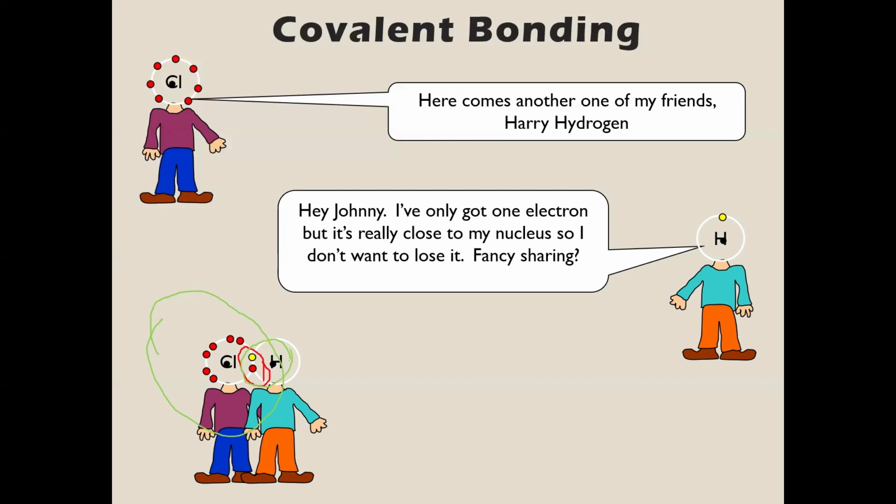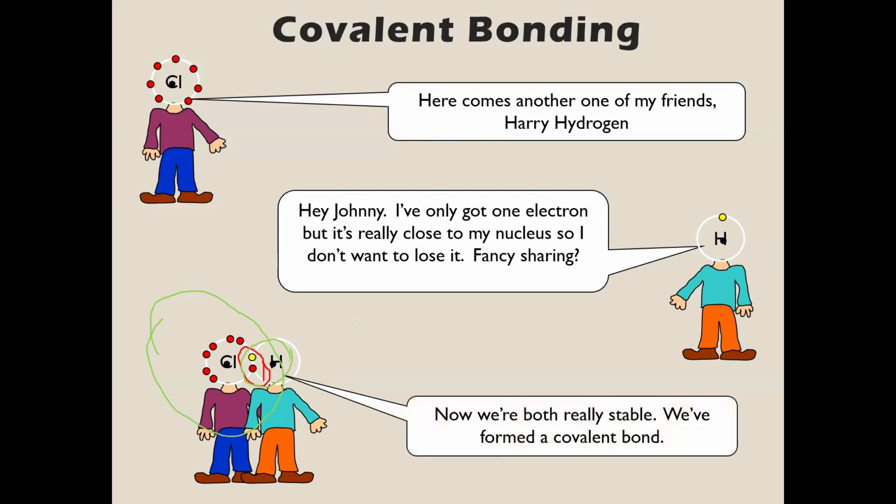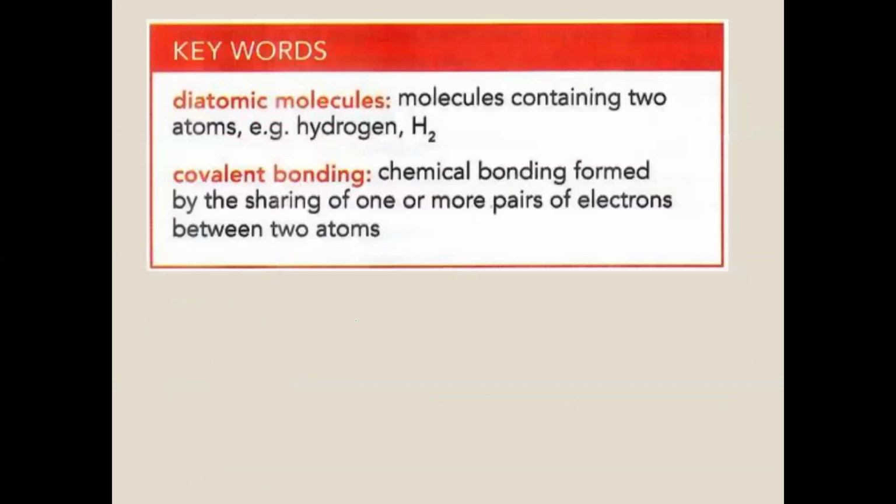This is the idea of covalent bond. So covalent bond is based on sharing electrons, sharing a pair of electrons, one from each atom. So now they become more stable.